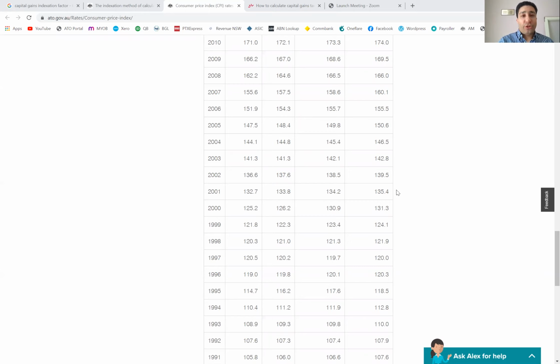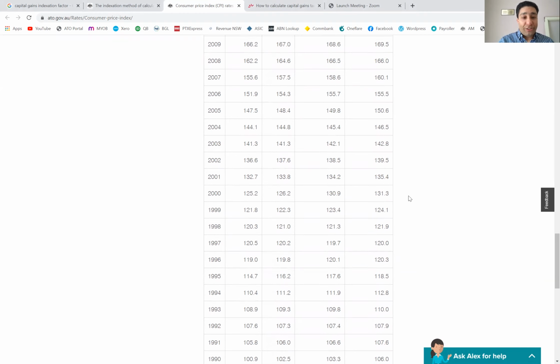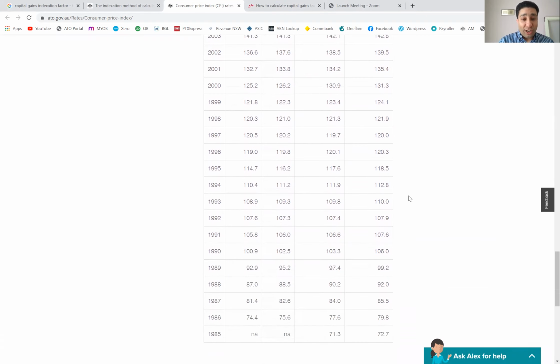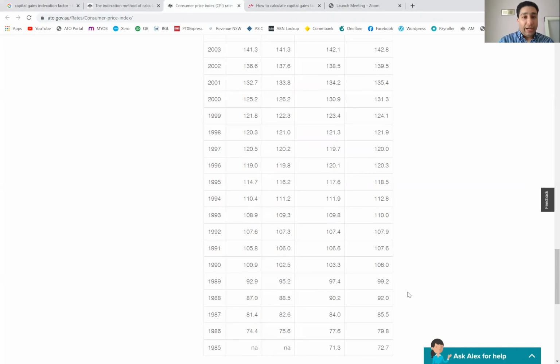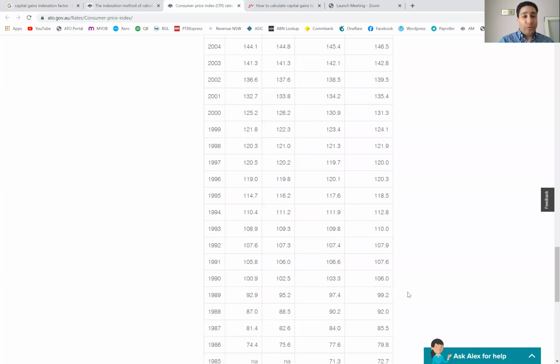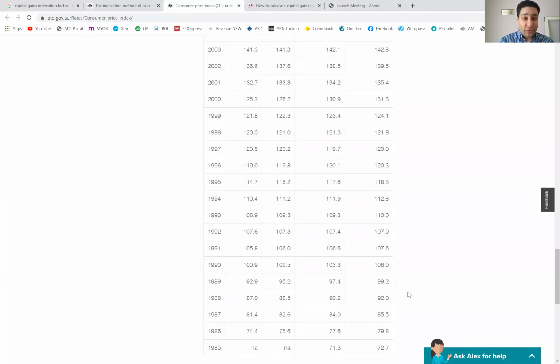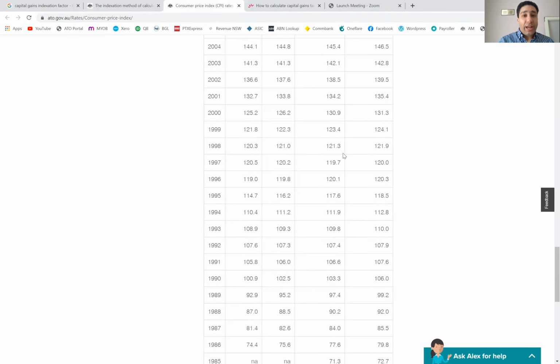However, to be able to use the indexation method, you need to have either purchased the asset on or after 20th of September 1985. So the indexation commences from this quarter 1985, and you would have had to have purchased it between 20th of September 1985 and September 1999.